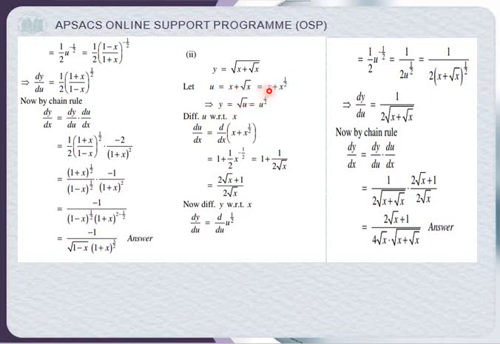Now you can see x plus under root x is equal to u, so y is equal to under root u, or y is equal to u to the power half. Now again differentiate u with respect to x, so du upon dx, differentiating x plus x raised to the power half, is 1 plus 1 upon 2 root x, or after the LCM, 2 root x plus 1 upon 2 root x.